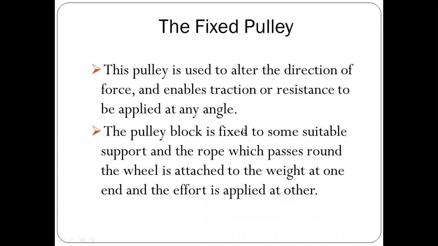The fixed pulley. This pulley is used to alter the direction of the force and enables traction or resistance to be applied at any angle. The pulley block is fixed to some suitable support and the rope which passes round the wheel is attached to the weight at one end and the effort is applied at the other.